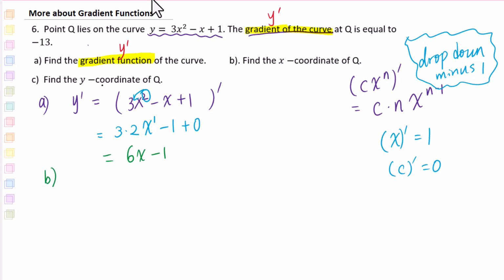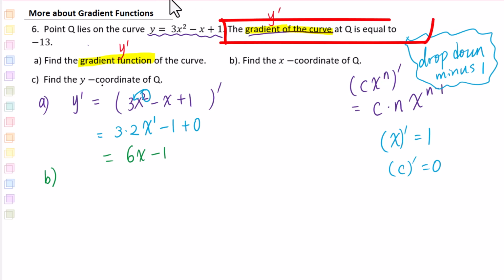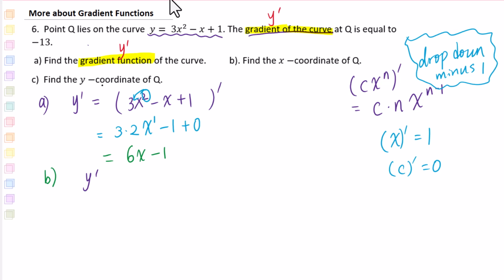Let's go to B. Find the x coordinate of Q. The gradient of the curve at Q is equal to negative 13, which means y prime equals negative 13.